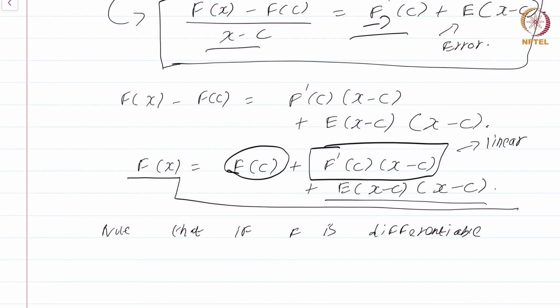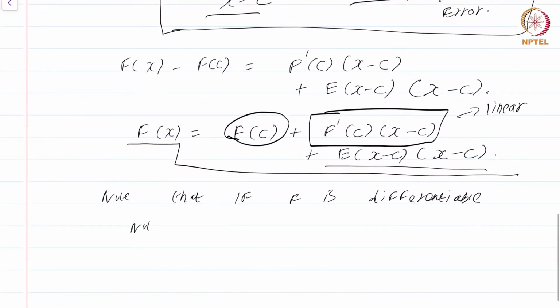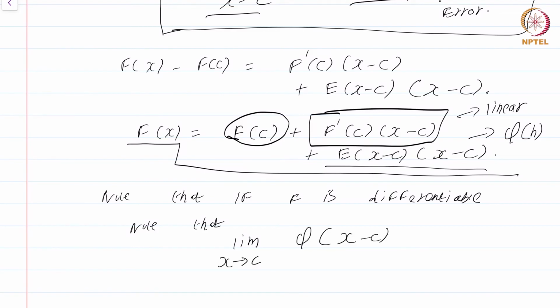If f is differentiable, note that, calling this phi of h, the limit as x approaches c of phi of (x minus c) divided by (x minus c) goes to 0.